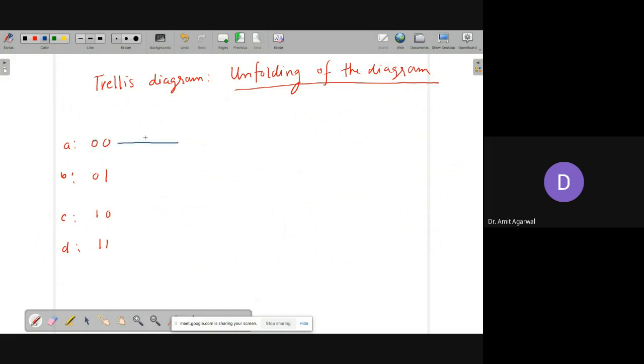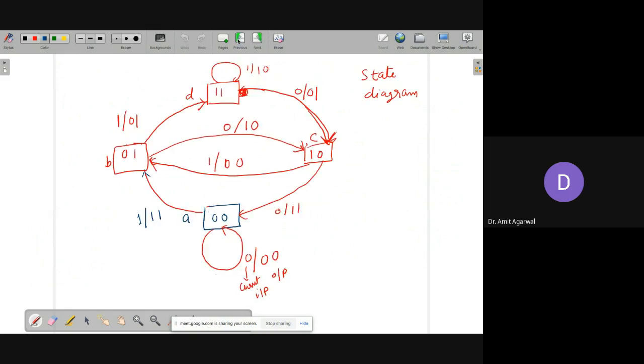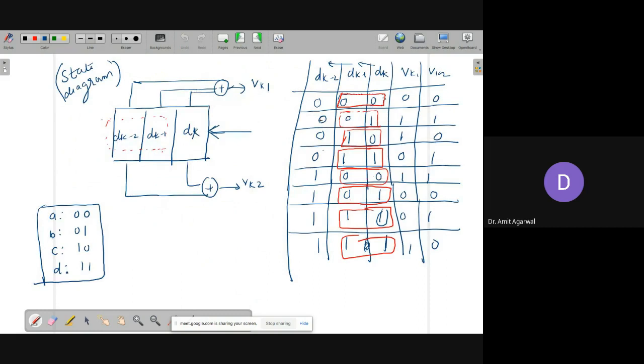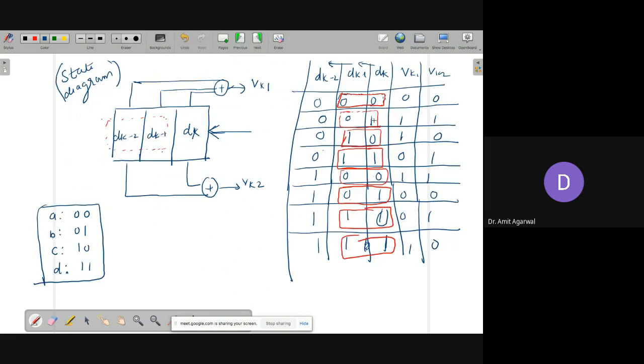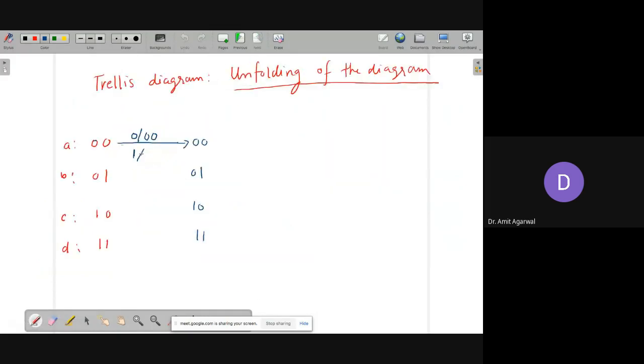If 0 comes when you are in 00, your next state is 00 and the output is also 00. You are in state 00 and 1 comes, your next state is 01 and the output is 11.